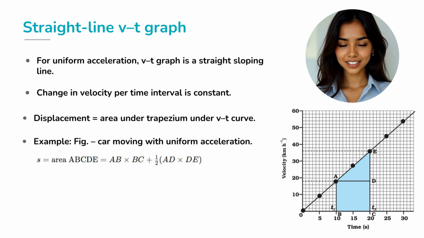Then add the two areas to get the total displacement. Mathematically, S equals AB multiplied by BC plus half of (AD multiplied by DE). So the slope of the line gives acceleration and the area under it gives displacement, two insights from one graph.